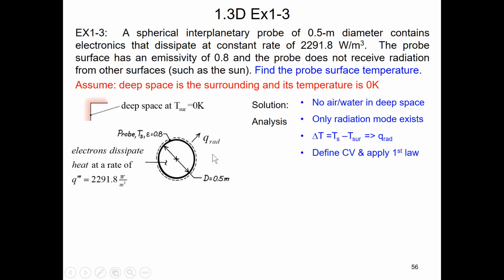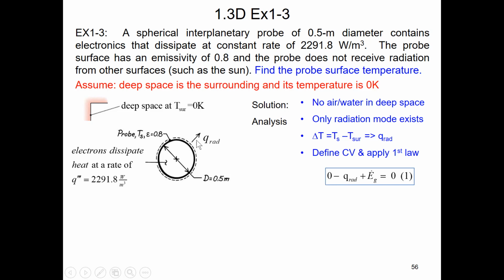Next, we can define our control volume circled by the dashed line. Then apply the first law equation to our system defined. Since there's no heat entering the system, we have a 0 here.